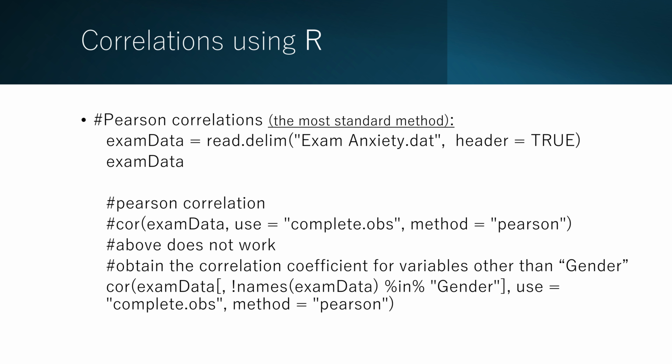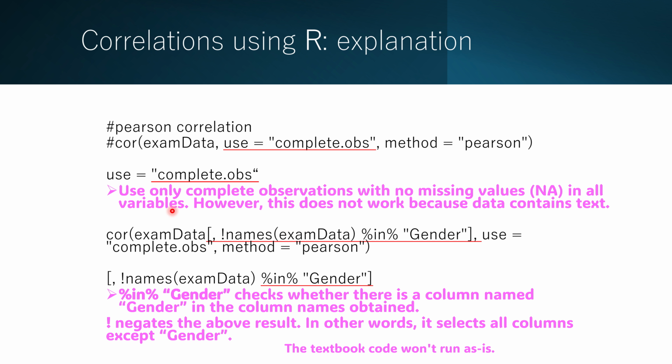Next is the command for Pearson's correlations, the most standard method. The dataset is the exam anxiety dataset. This is the explanation: use only complete observations with no missing values in all variables.